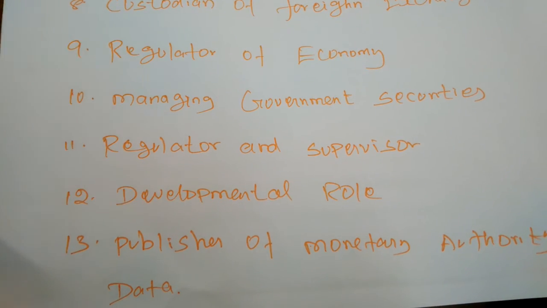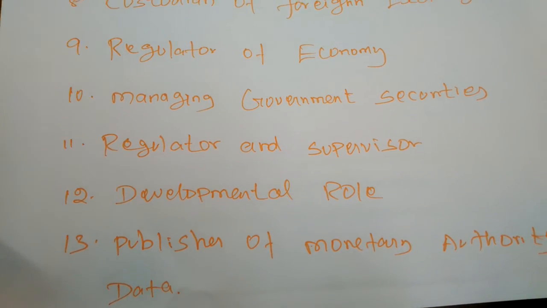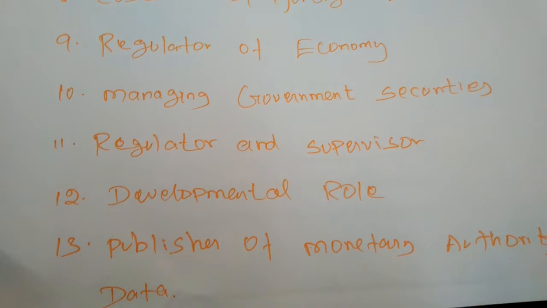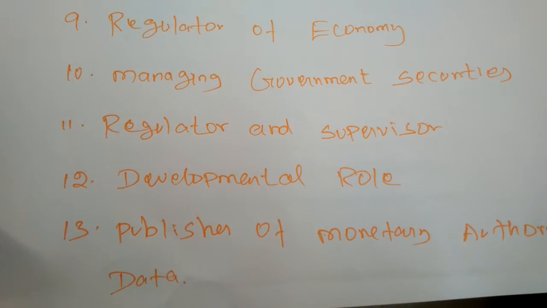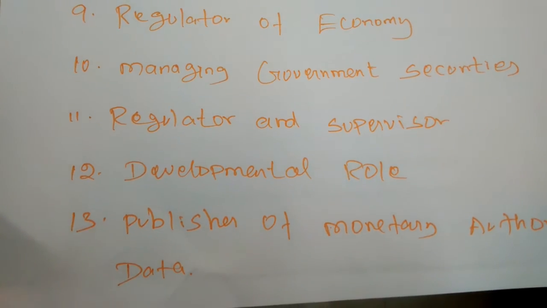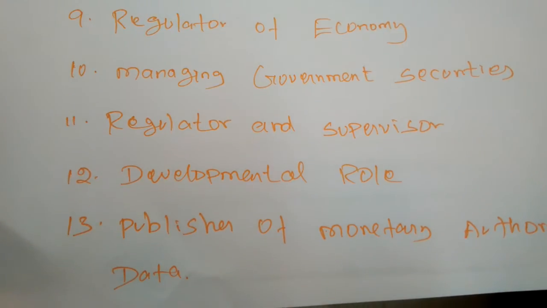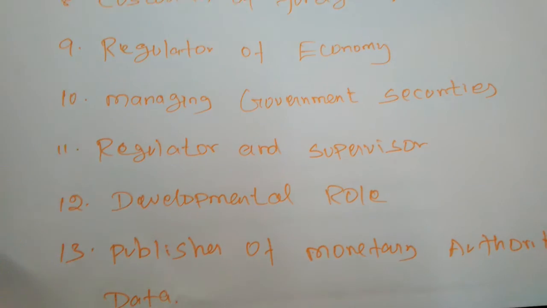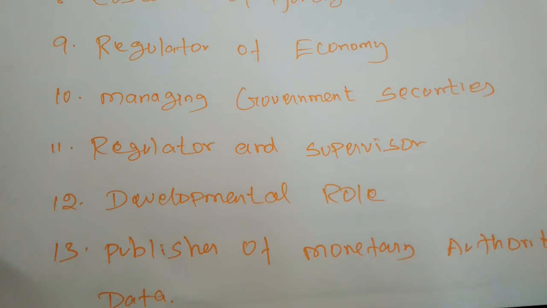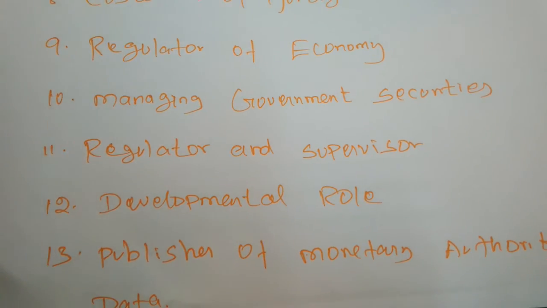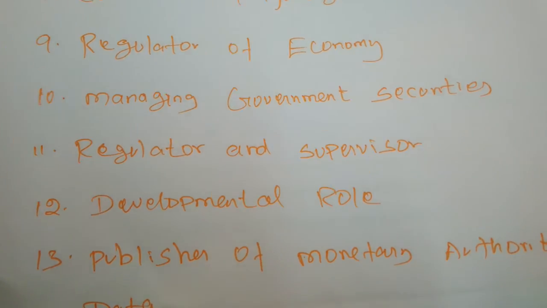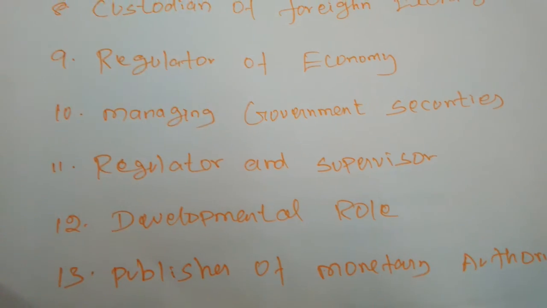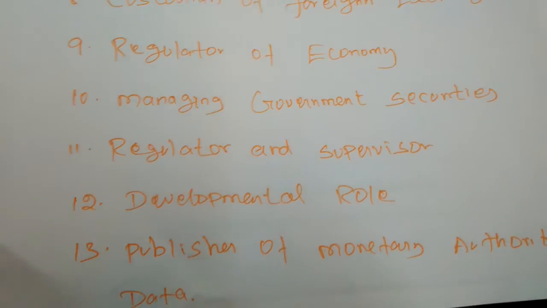Because of this foreign direct investment, our nation will improve. It also includes establishing institutions designed to build the country's financial infrastructure. If a country's financial infrastructure is in a proper way, it will give the country a good name.